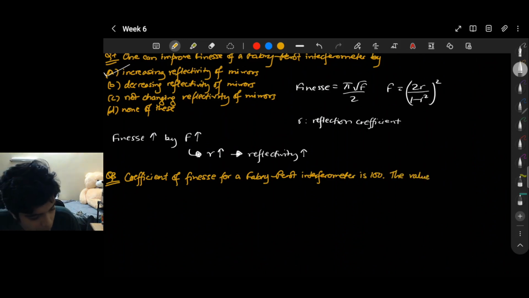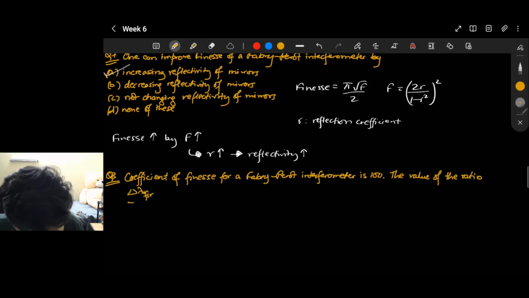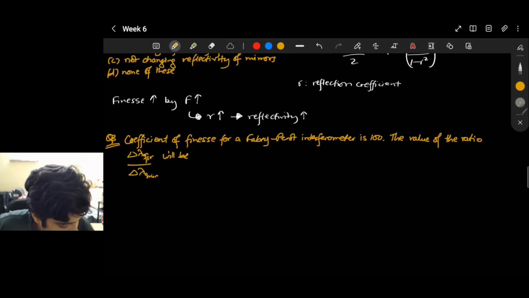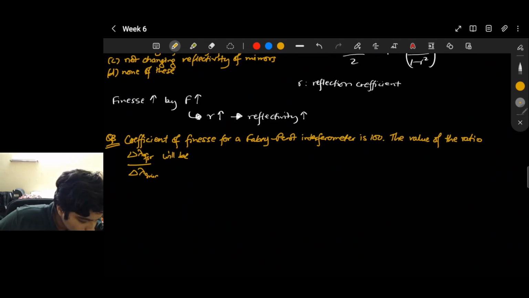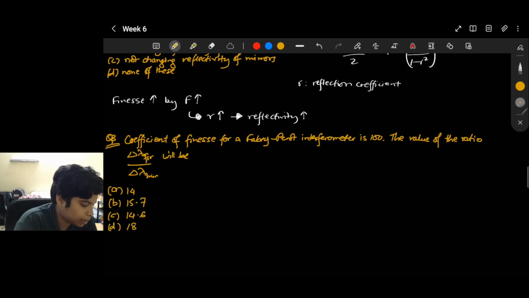The value of the ratio delta lambda naught FSR, the free spectral range, over delta lambda naught min, will be: option A 14, option B 15.7, option C 14.6, or option D 18. This is a pretty simple, straightforward numerical.